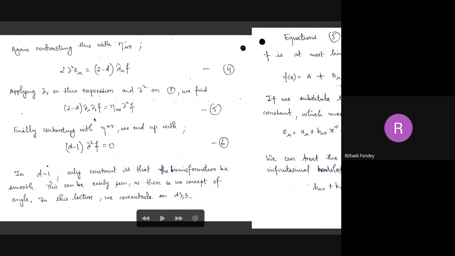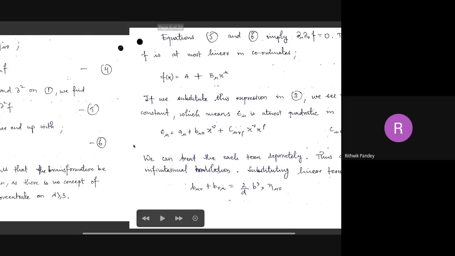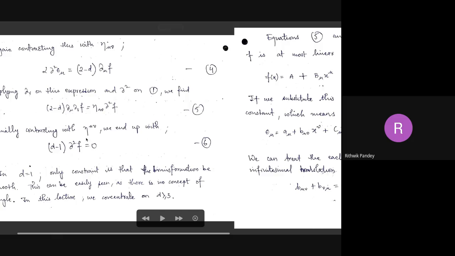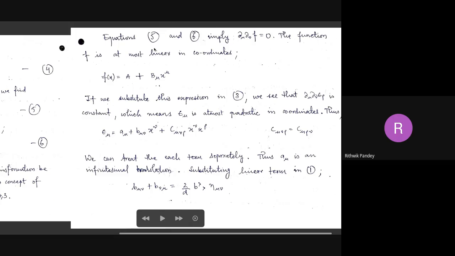The following presentation is on the dimensions d greater than or equal to 3. So we have all these equations with us. From equations 5 and 6, del square f is equal to 0 for d greater than or equal to 3. If I put that in equation 5, it implies that del nu del mu f is equal to 0. So that implies that the function f is at most linear in the space-time coordinates.